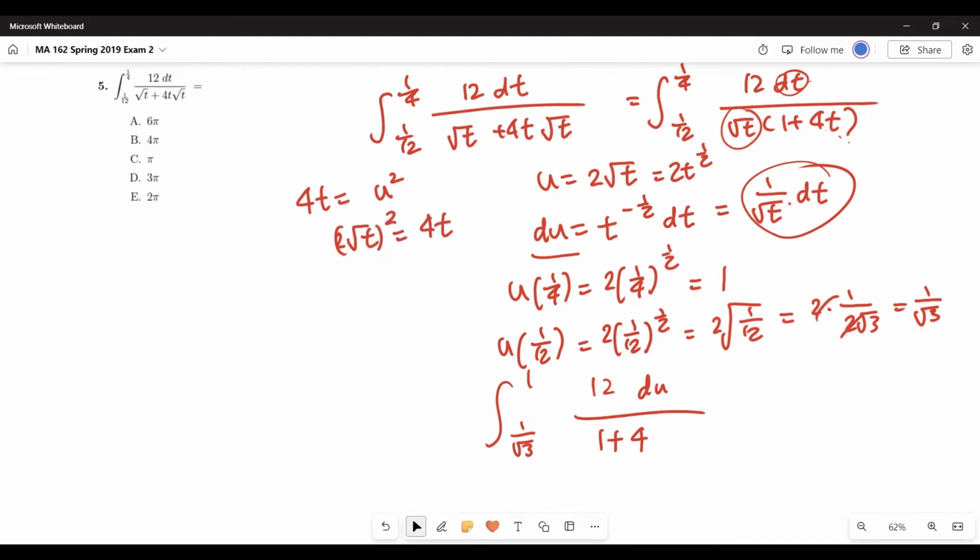So this is just u squared. So 1 plus u squared. Sorry, I got lost too.